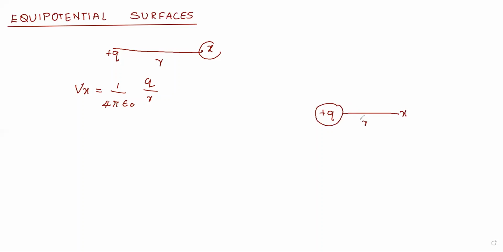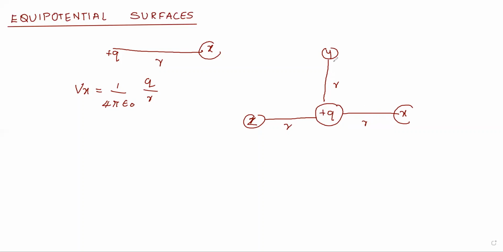Now I'll consider one more point y, which is also at a distance of r from q, and one more point z, which is also at a distance of r from plus q. The potential will be same for y, for z, and for x. Why? Because we are considering the same charge and the distance is also the same.